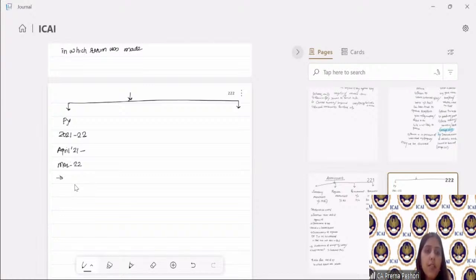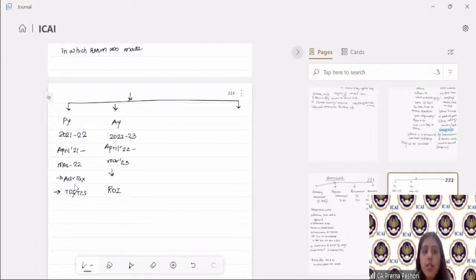In the previous year, you have paid certain advance tax, you have TDS, TCS, right? Then comes the assessment year, which is 22-23, April 22 to March 23. In this year, you file your return of income.